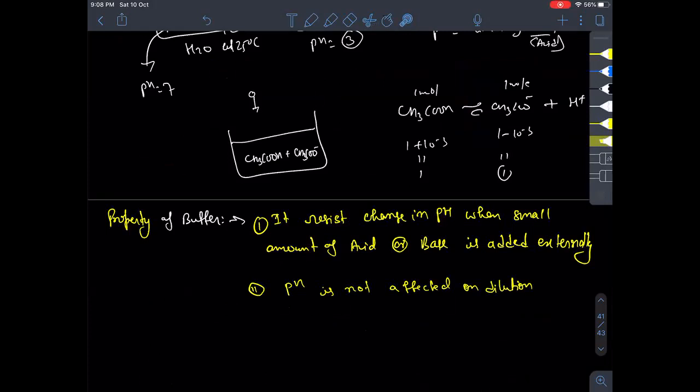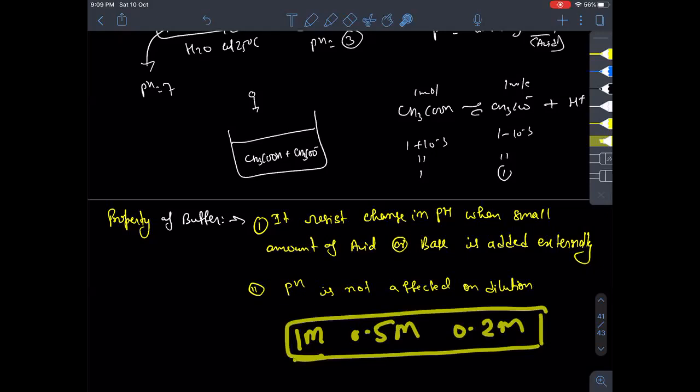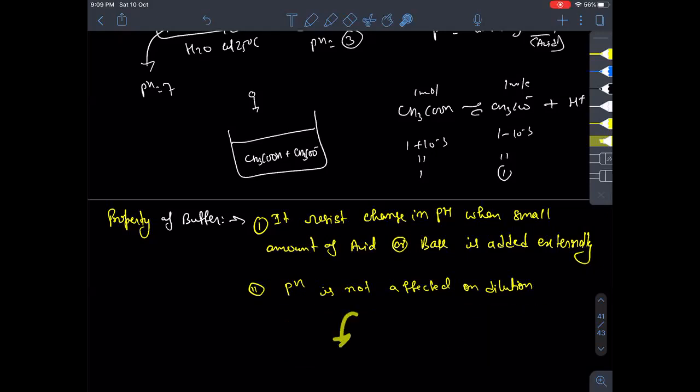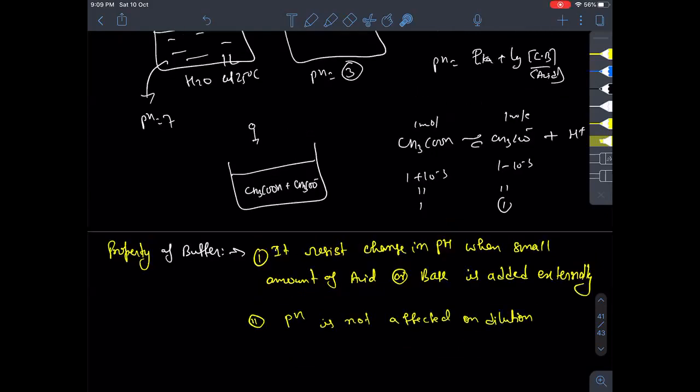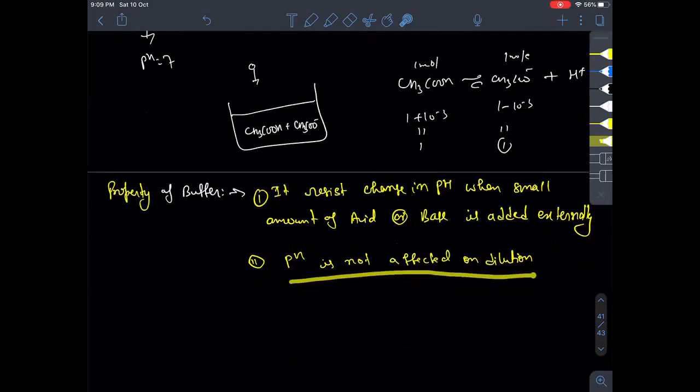You're not supposed to take 1000 liters of water. Suppose 1 molar is there or 0.5 molar or 0.2 molar. In all three cases, it doesn't matter what concentration you have, provided you are adding water, it will not change the way it used to change for the remaining cases that we have already studied, right? So pH is not affected on dilution. It is constant. These are the two important characteristics.